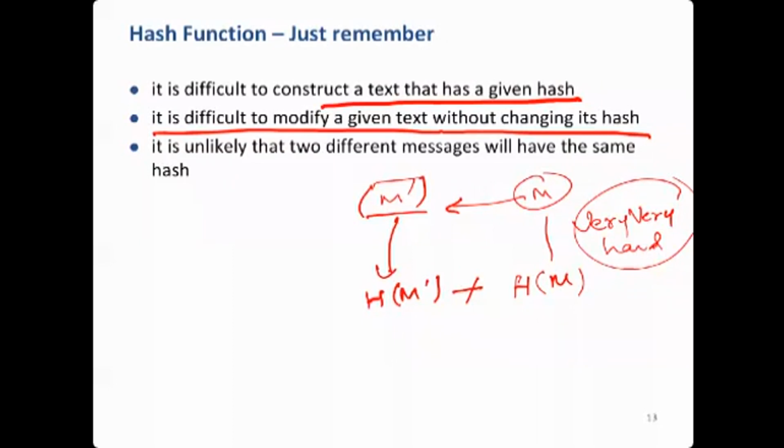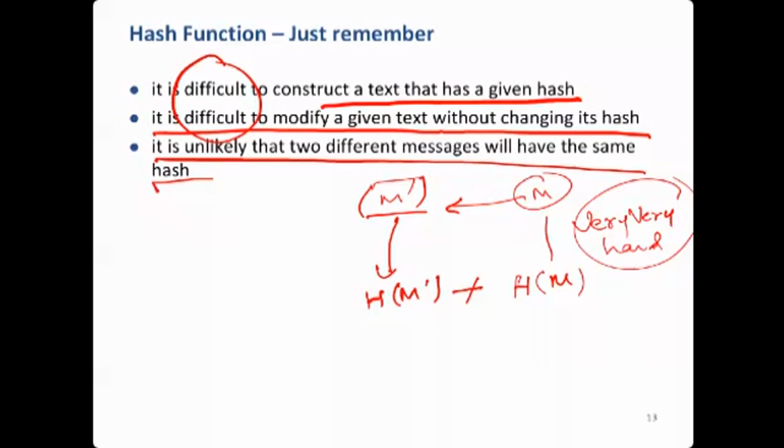Now, why are we saying difficult? Why not say that it's not possible at all? Because there will be some clashes, right? There will be some collisions. There will be some values of m and m dash which, both given to h, will result in the same output, because ultimately we are mapping a large space into a smaller space.